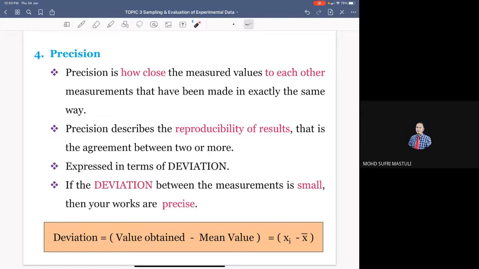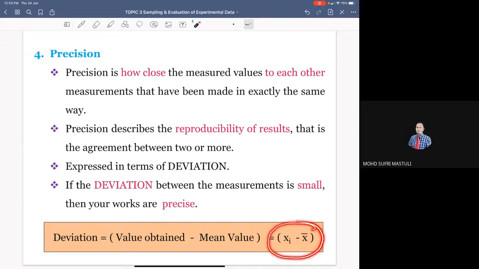So this is the formula to calculate the deviation. Precision is related to deviation. Deviation is the value obtained minus the mean. Okay.